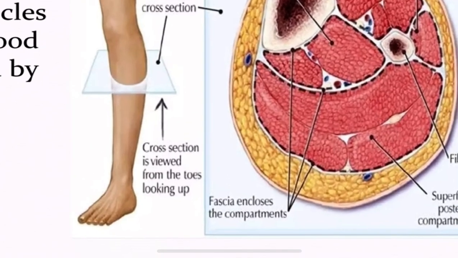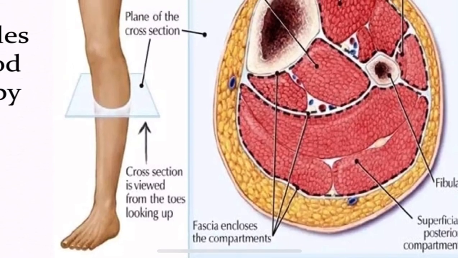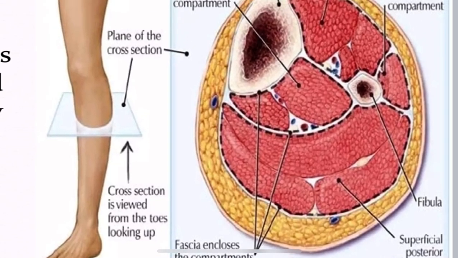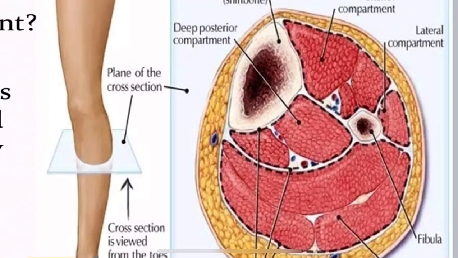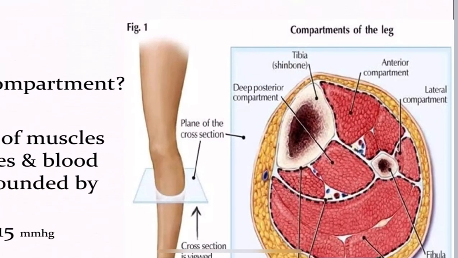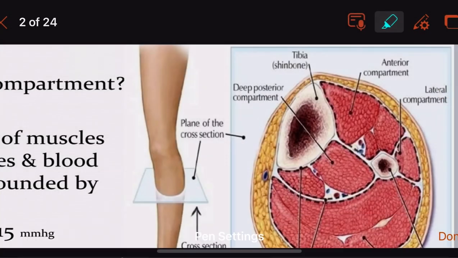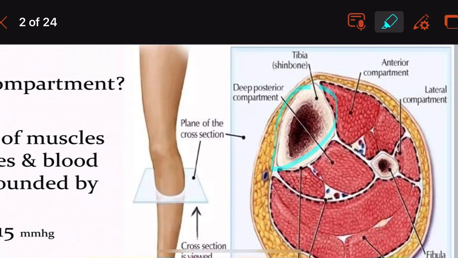Let us see the cross-section view from the toes, looking upwards. When you take the cross-section of this part, you can see the tibia bone and the fibula bone. So you can see the tibia here and this is the fibula. We have the anterior compartment, the lateral compartments, and posteriorly, so in the front we have the tibia.